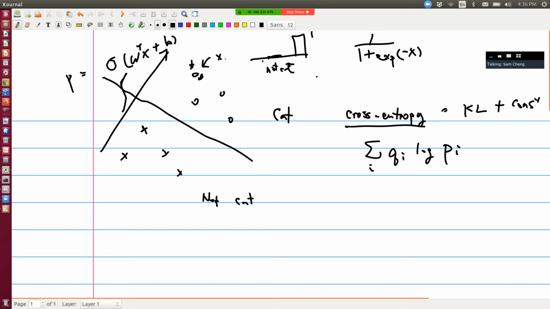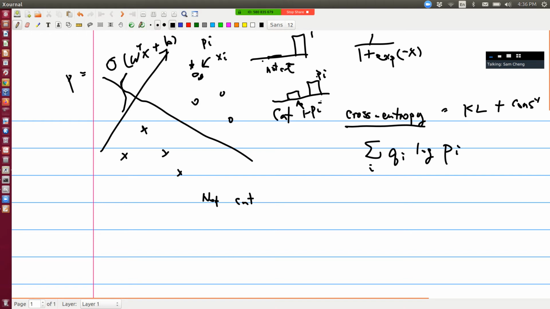For this particular point xi, my classifier estimates the probability to be pi, so the cat probability is pi and the non-cat probability is 1 minus pi.